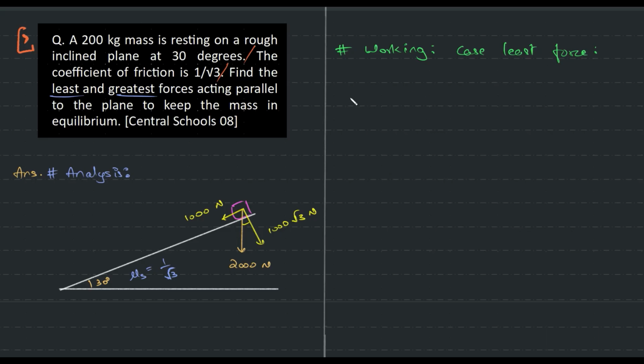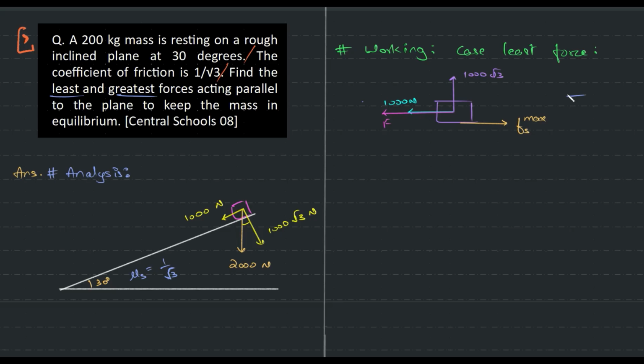So for this, let me draw a free body diagram. We have the normal force, which has to be 1000 root 3, and we have 1000 Newton along the slope. Along with this, we are trying to pull the object down the slope with some force F, and because of which we have friction acting up the slope.